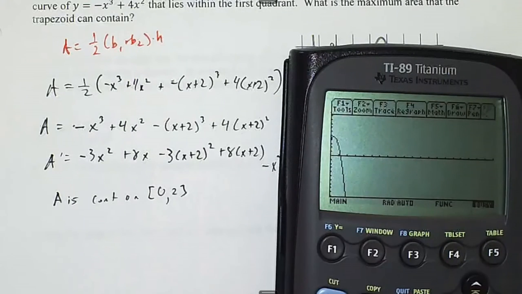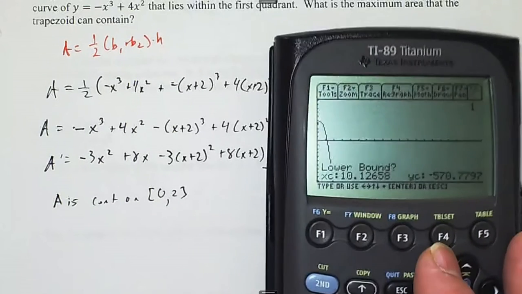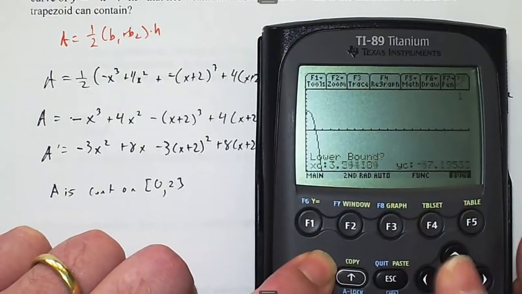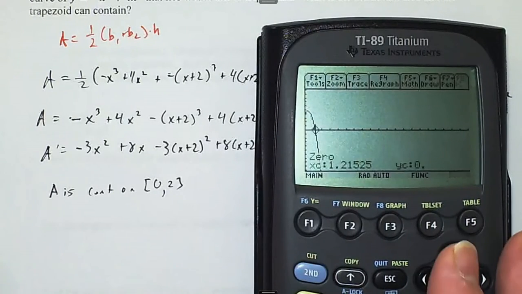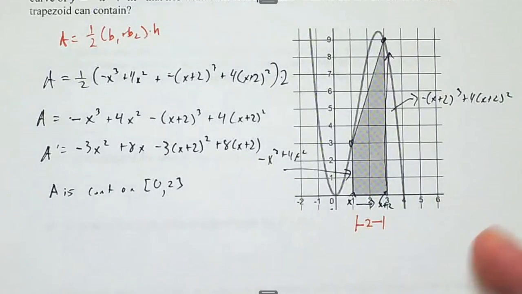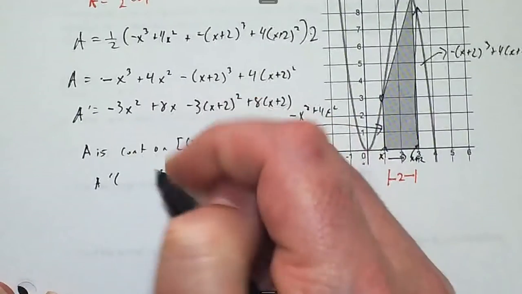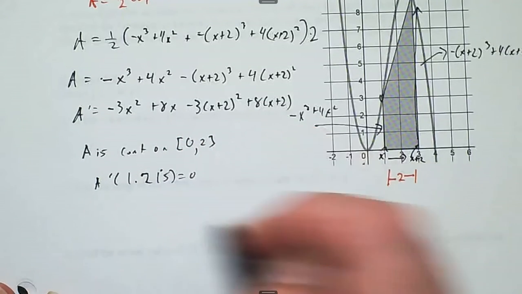Well, there we go. So I'm going to find that value. F5 for math, 0. There we go. Lower bound, upper bound. And it's 1.215. So A prime of 1.215 is equal to 0.